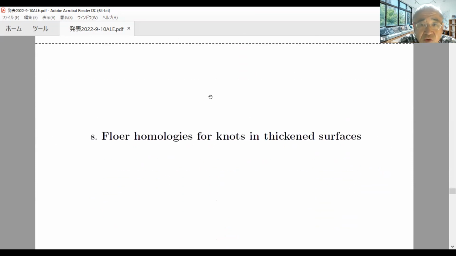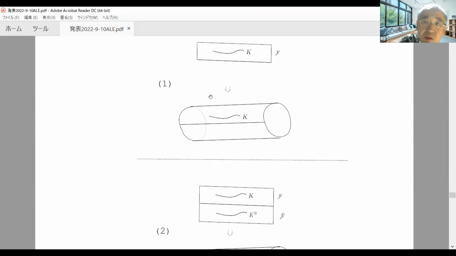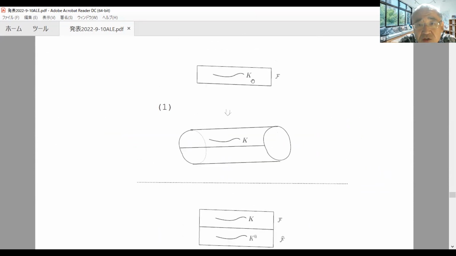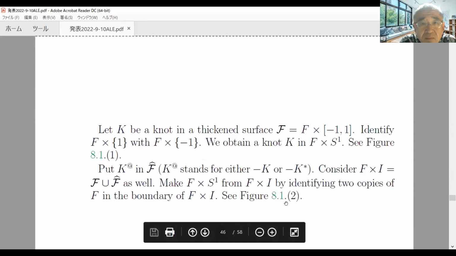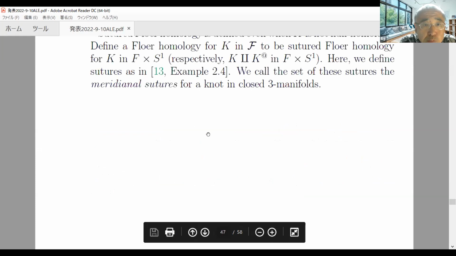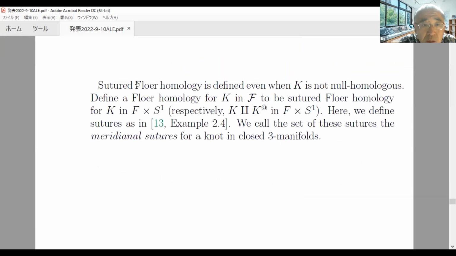And next, Floer homology for knots in thickened surfaces. K in a thickened surface. Make F cross S1 from the surface, put K and K-hat, and make F cross S1. There, F cross S1 is a cross-oriented three-manifold, and K in a cross-oriented manifold.